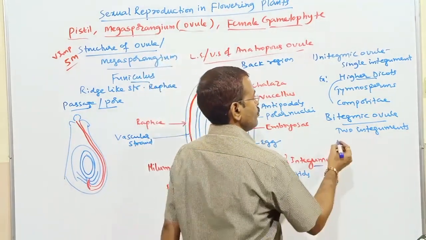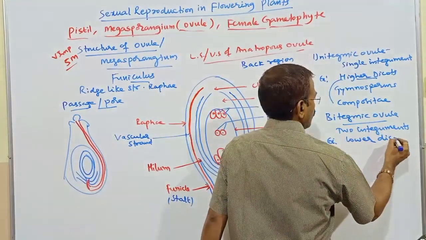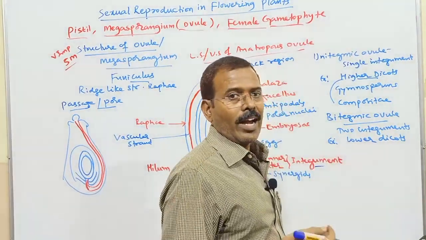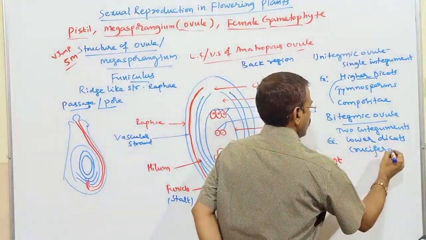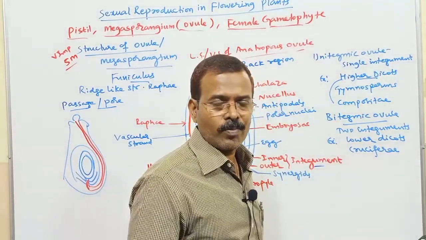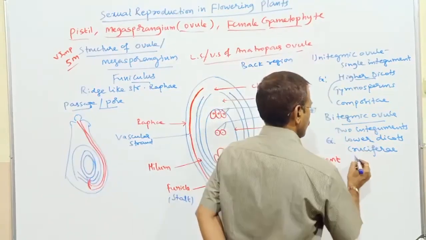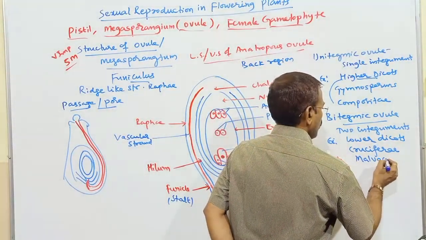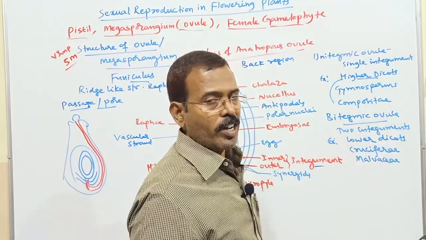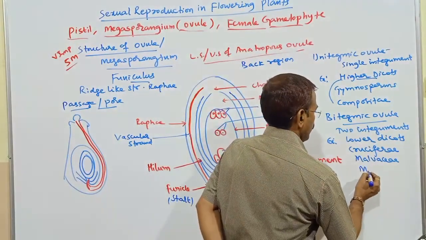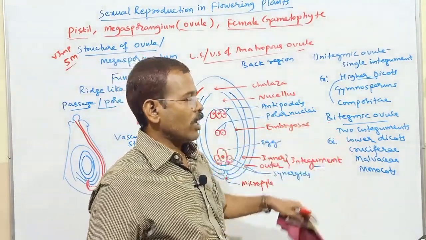It is seen in lower dicots, Cruciferae, the mustard family, also called Brassicaceae, Malvaceae, that is the hibiscus and cotton family, and monocots. They are all examples of bitegmic ovules.